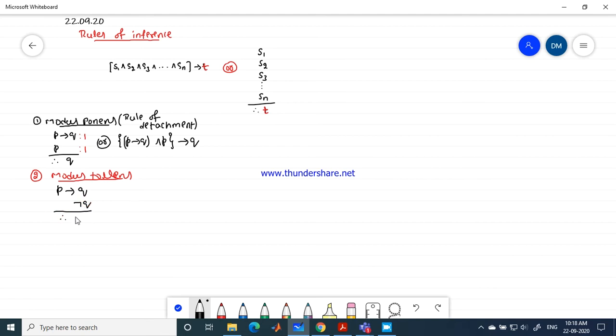Therefore, can you guess what should be the output? Friends, can you guess what should be the output? P implies Q is true. Negation Q is true. The output is negation P.